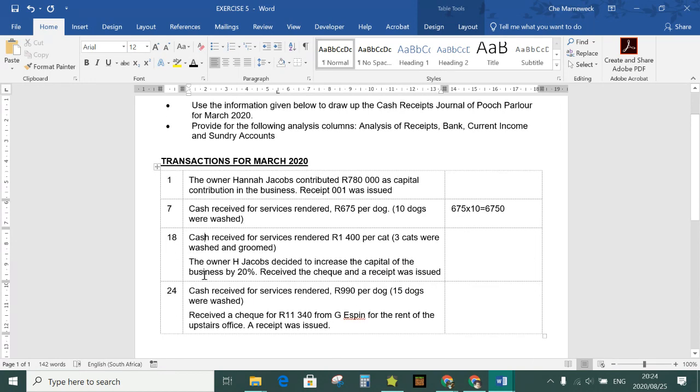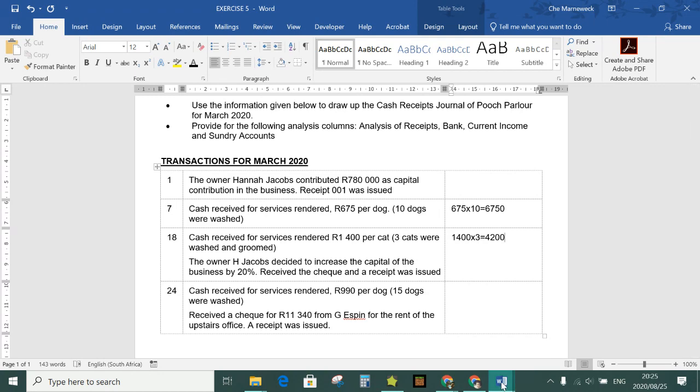Day 18. Okay, day 18 is 2 transactions. Cash received for services rendered, 1,400 Rand per cat. 3 cats were washed and groomed. So we're going to say 1,400 times 3, and we get 4,200.